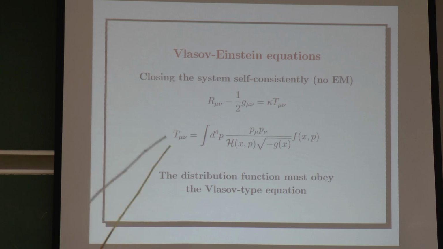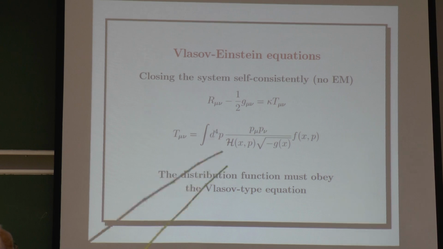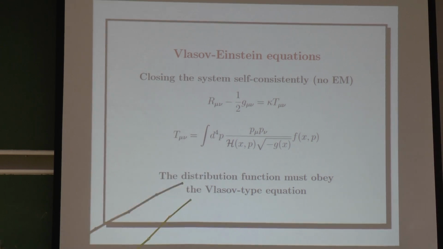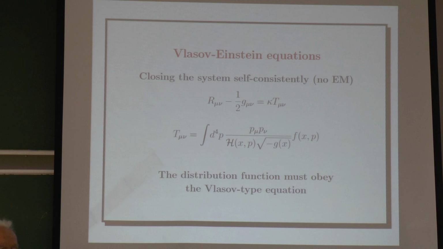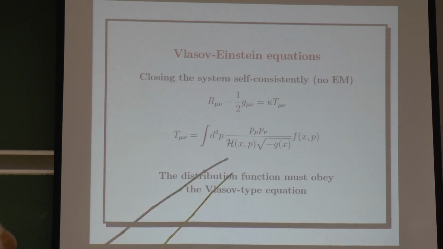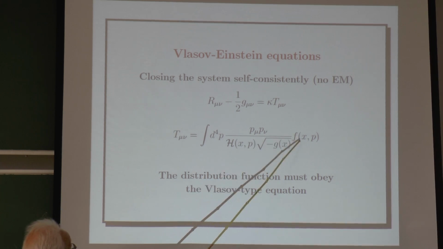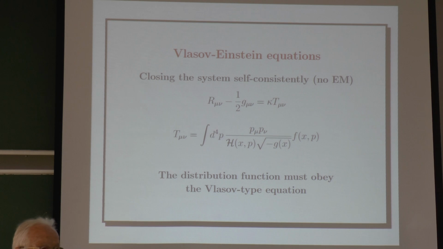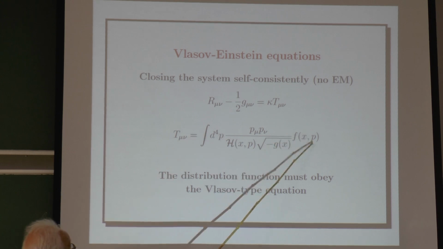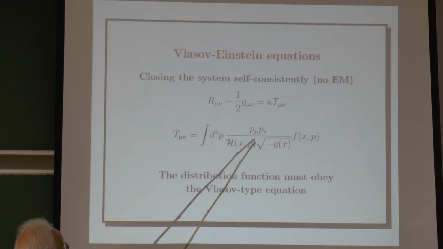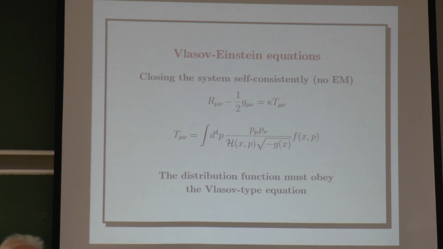And that is a problem, because that means that when the metric becomes flat, T mu nu must vanish. And you can see that this is a non-trivial requirement, because f is positive, and it is not an easy task to make sure that even though f is positive, this will go to zero at large distances.